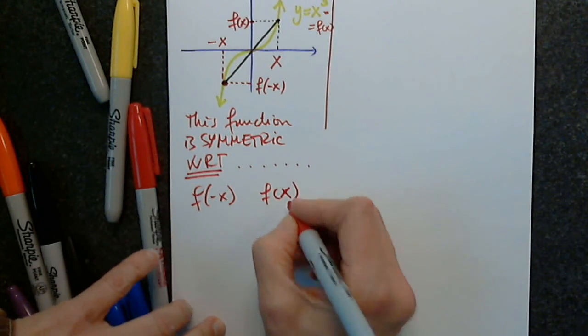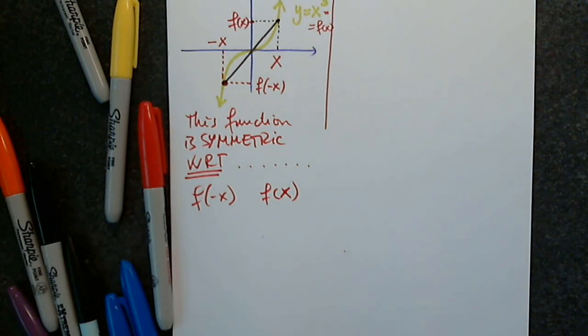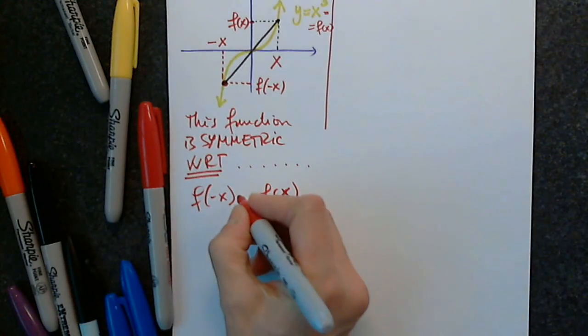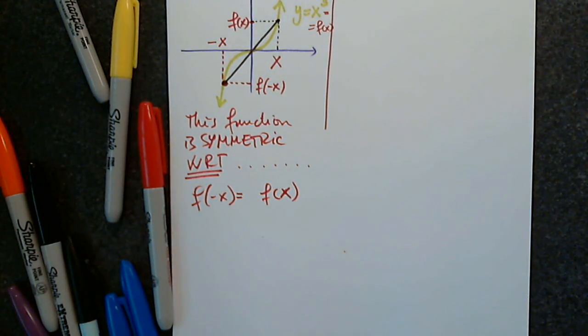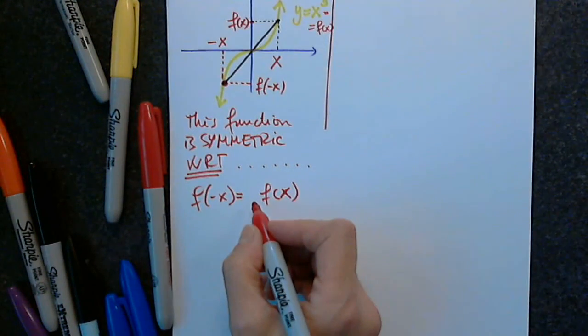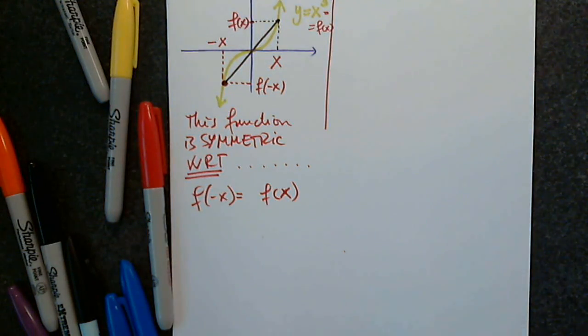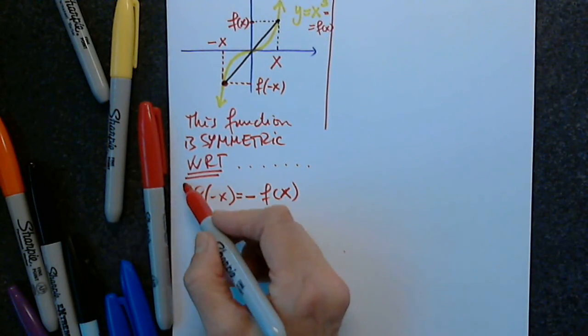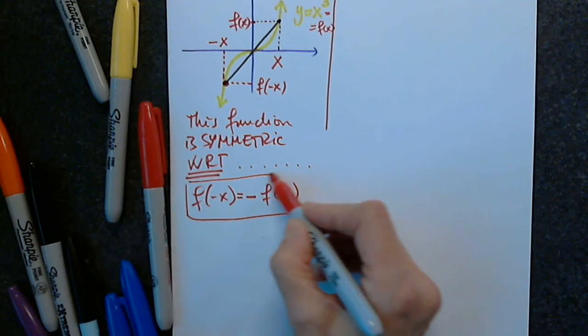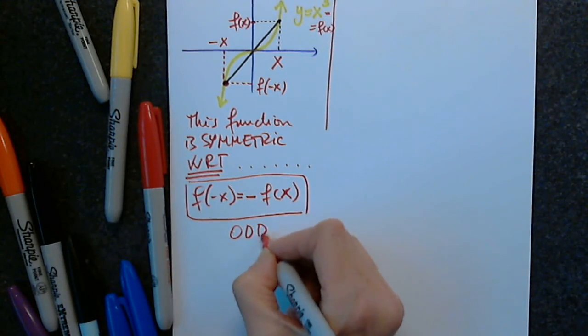You already told me what the relationship is. You said that f of negative x must equal the opposite of f of x. That's it. So this is the relationship for any odd function.